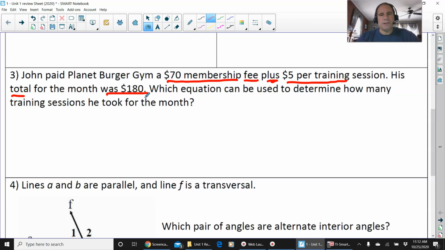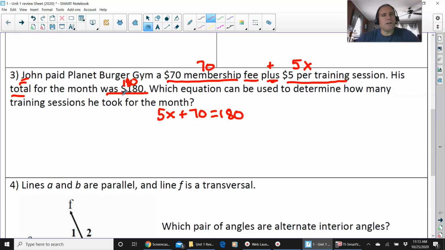Which equation can be used to determine how many training sessions he took for the month? Go ahead, write an equation down now. Using this information right here up on the top, do it without me doing it in front of you. Press pause and try to write the equation now.